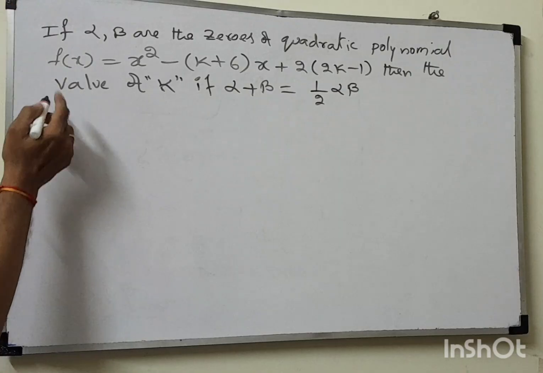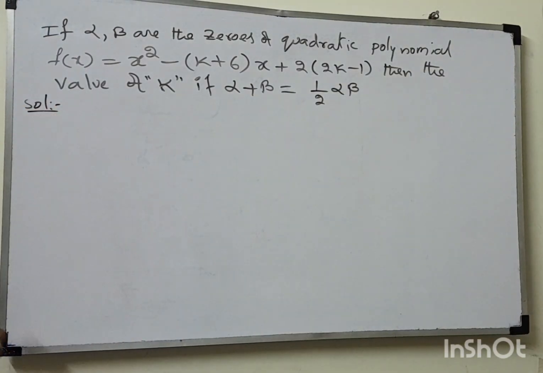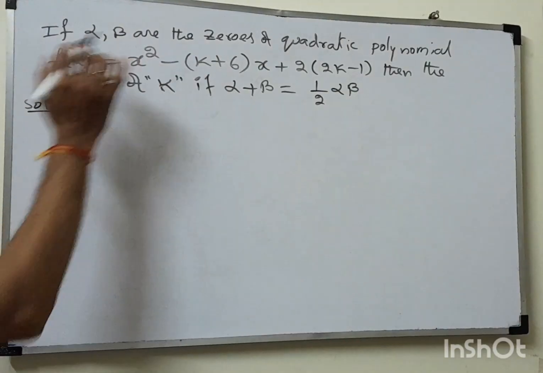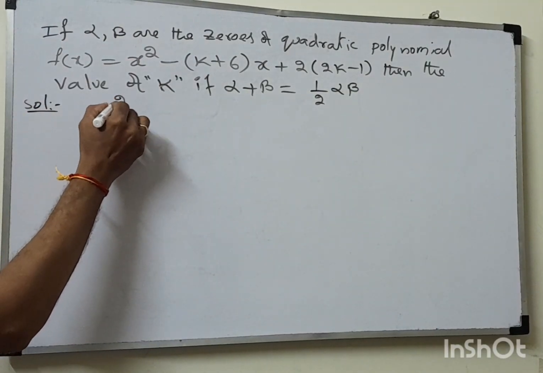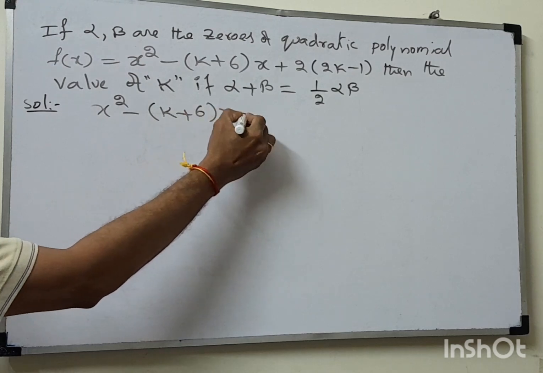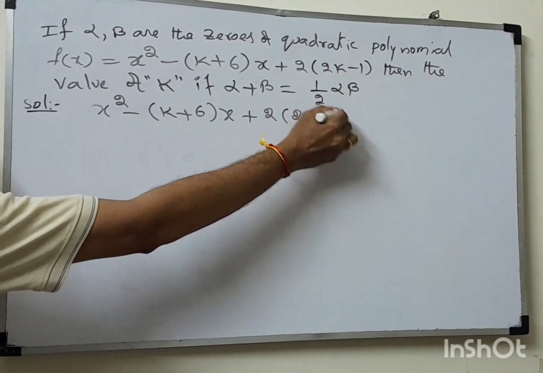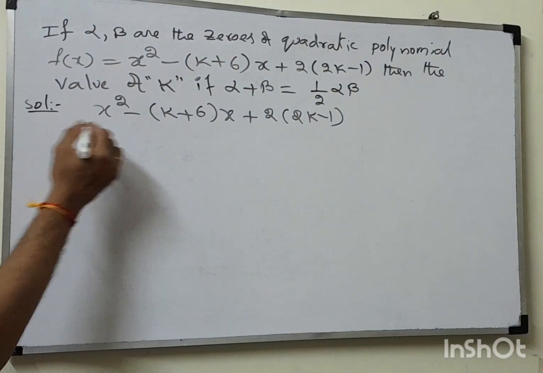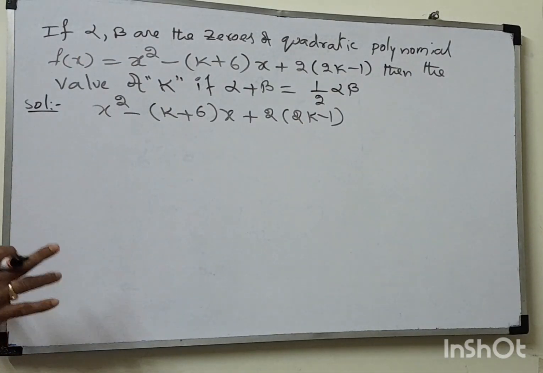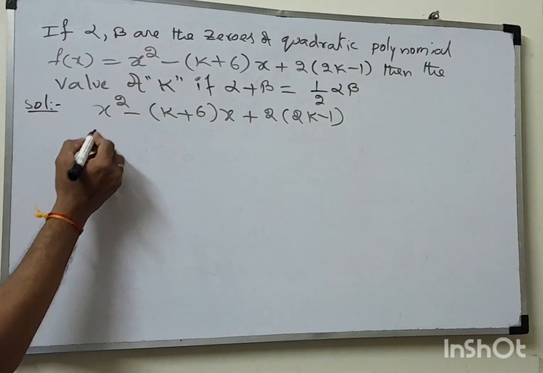For any such problems, first we should take out the polynomial given. You write down the polynomial and take out the a, b, c when comparing with the standard polynomial equation, that is ax square plus bx plus c.